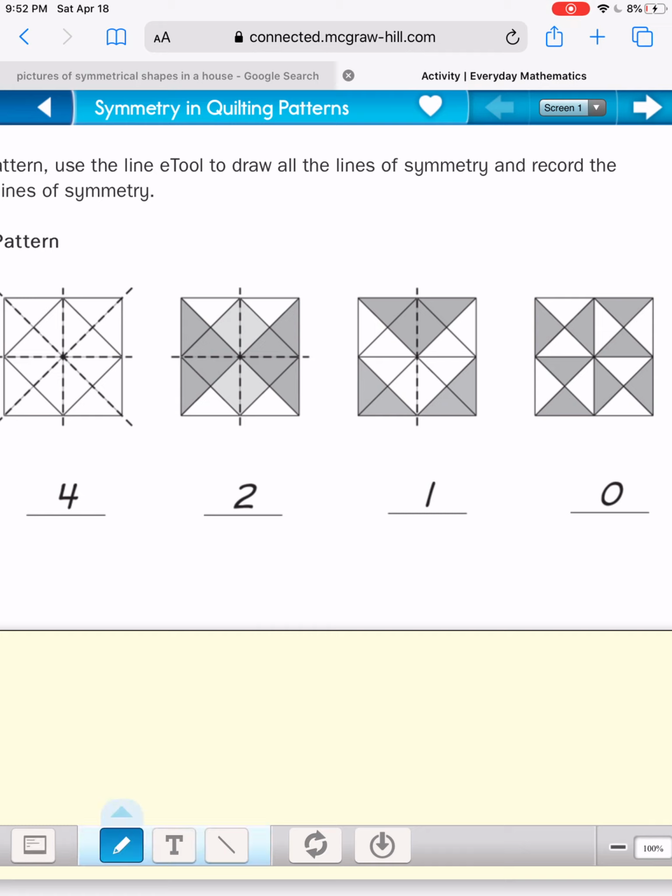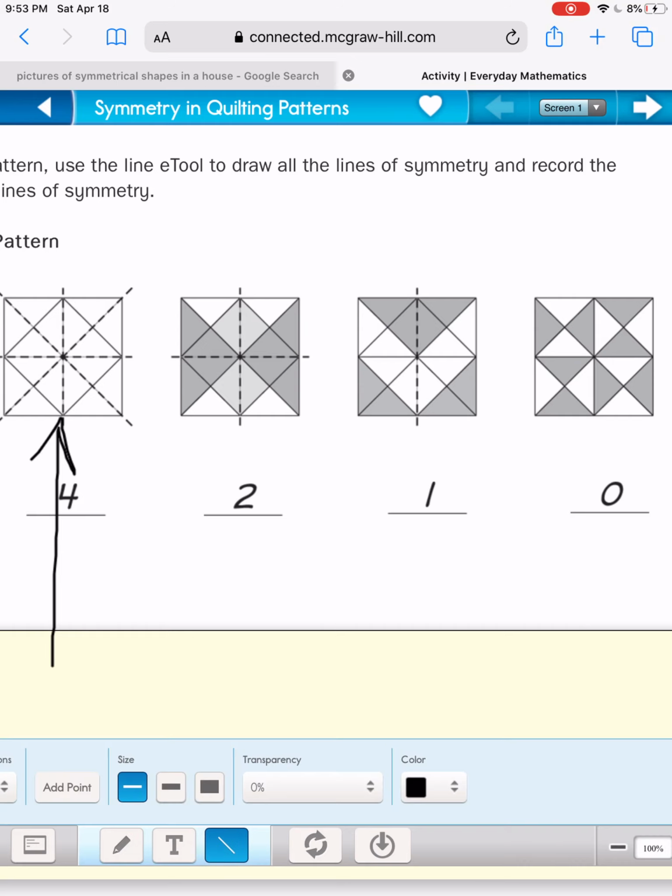So if we look at this first picture, it almost looks like a square, and there are little triangles that it's divided into. And as you can see, the dotted lines represent lines of symmetry. So they're all going through the center of the shape.